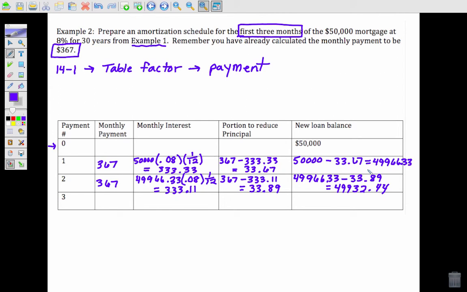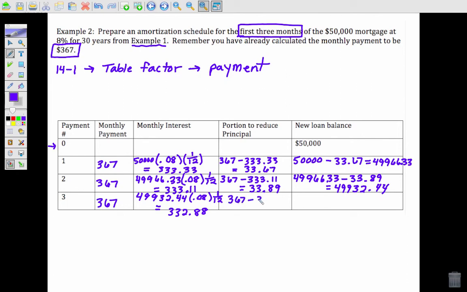If you would like to try the next step on your own, push pause, but I will continue to complete this last payment for you. $367 is still the third payment. Now my balance is $49,932.44 times the 0.08 times the 1/12. That's still principal, rate, and time. And we get $332.88. That amount goes to your interest.